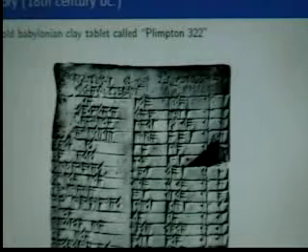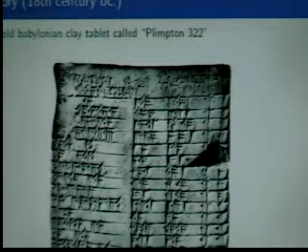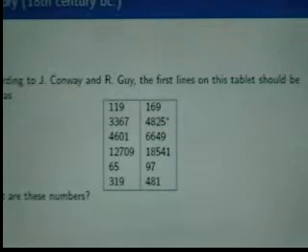Indeed, there is an old Babylonian clay tablet called Plimpton 322, dated back to the 18th century before Christ. If you are not familiar with this kind of writing, there is a translation.